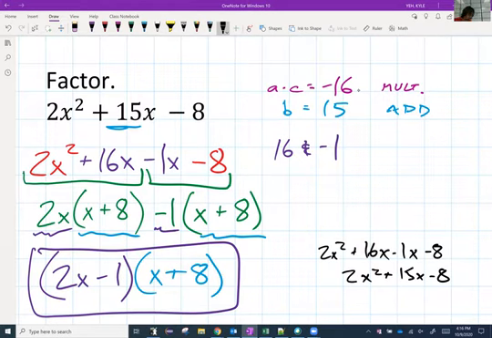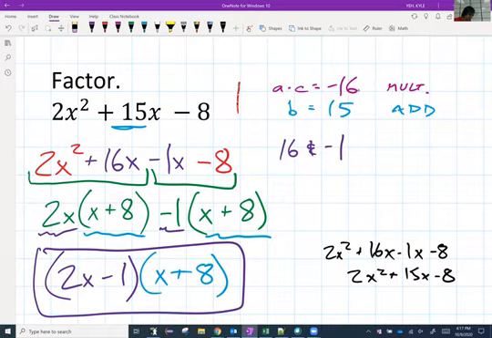So what did we do? Well, first, we figured out what a times c was and what b was. And I needed to find two numbers that multiply to be a times c and add to be b, and they were 16 and -1. So that was my first step.